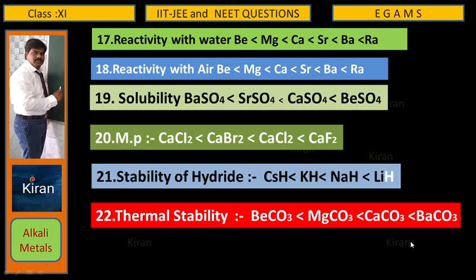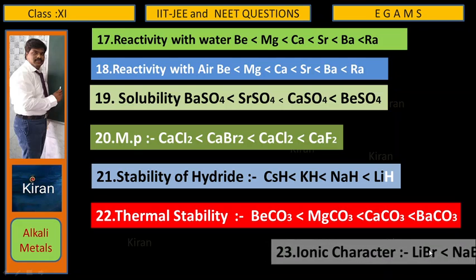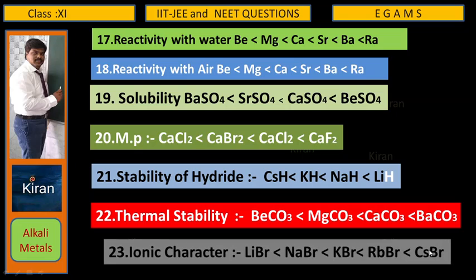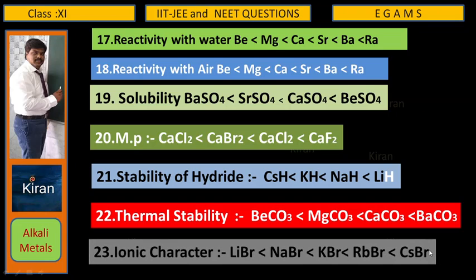The thermal stability of barium carbonate is high due to its higher atomic size. Last one, ionic character. Directly or indirectly we covered the size. With size, ionic character increases, because the higher atomic size gives electrons easily and is easily ionized. Ionic character of cesium bromide is high compared with lithium bromide. So, these are the important trends in alkali and alkaline earth metals.